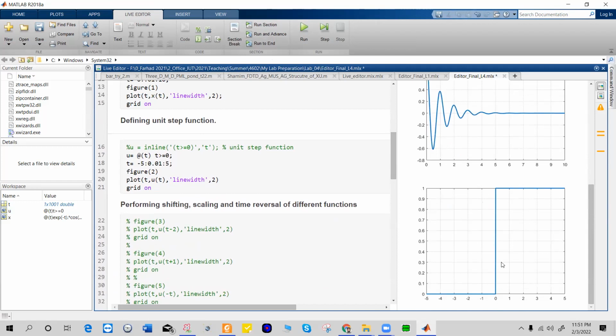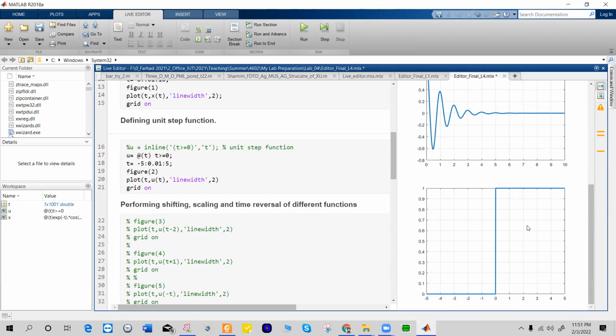As I have said already, this is our time axis t. For any time less than 0, u of t is equal to 0. But whenever time t is greater than or equal to 0, u of t is equal to 1. So this is the unit step function. Now let's see how we have generated this.